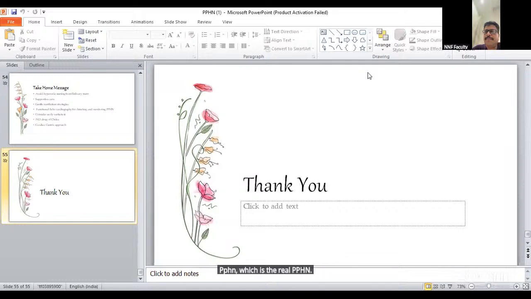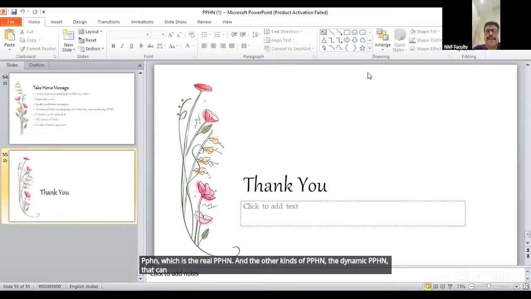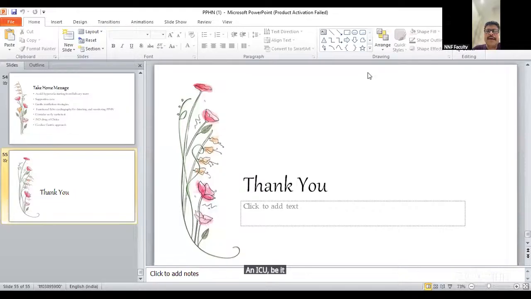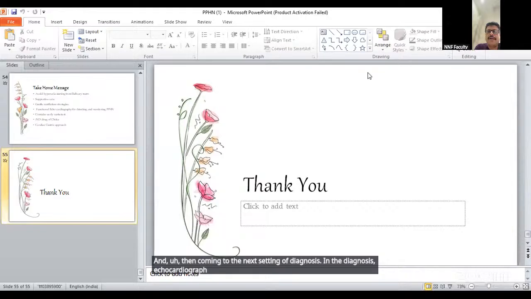And the other kind of PPHN, the dynamic PPHN, can happen due to various conditions in the NICU, be it asphyxia, acidosis, or even RDS in which there is intrapulmonary shunting. Then coming to diagnosis, the role of echocardiography is very important.